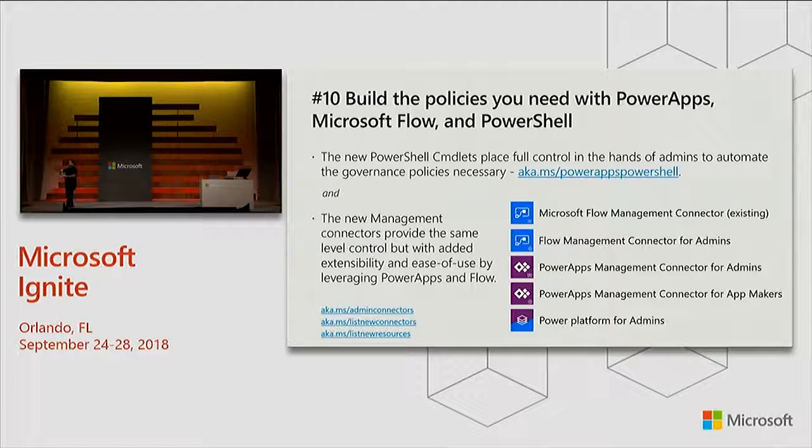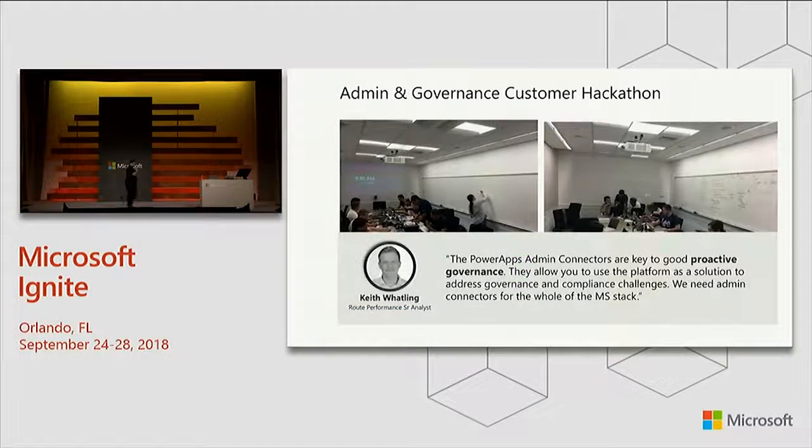What we've done is, this actually already existed for Microsoft Flow, where they had a management connector for at least 6 or 12 months now that provides visibility over flows and permissions within the organization. And now we've rolled this out for all of the Power Platform, for Power Apps and Flow, mind you.